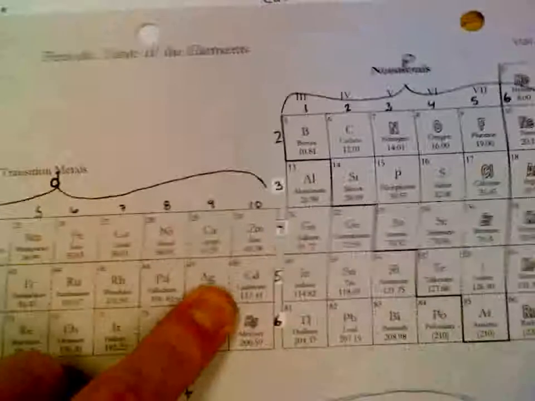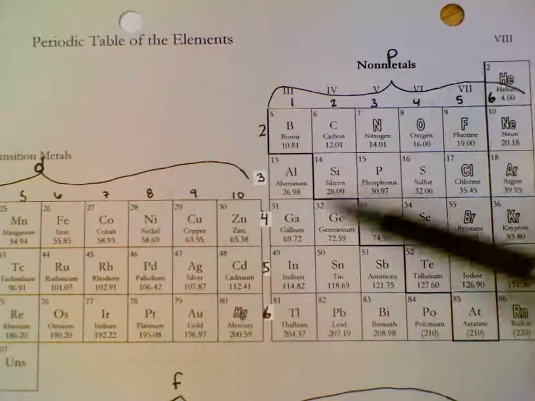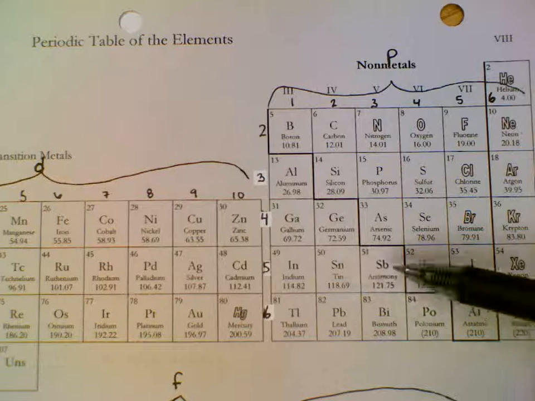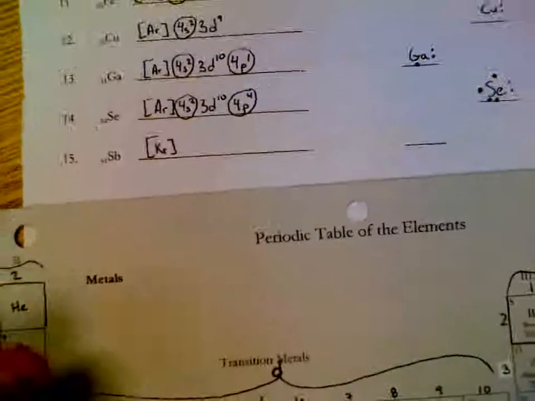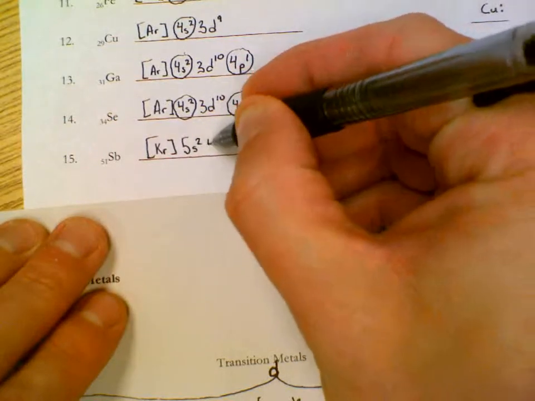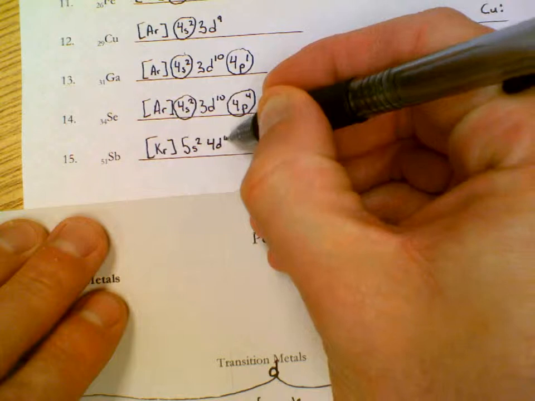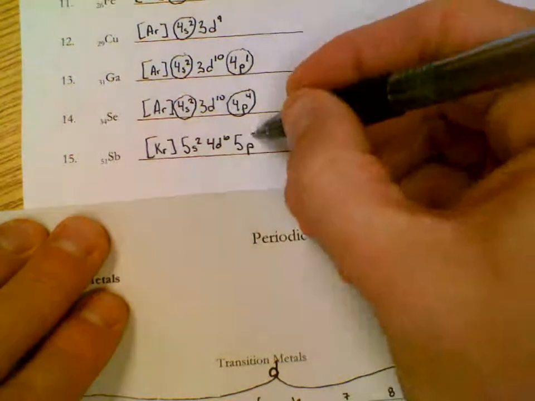That'd be cadmium square. And we'd finish with 5p, 1, 2, 3. 5s2, 4d10, 5p3.